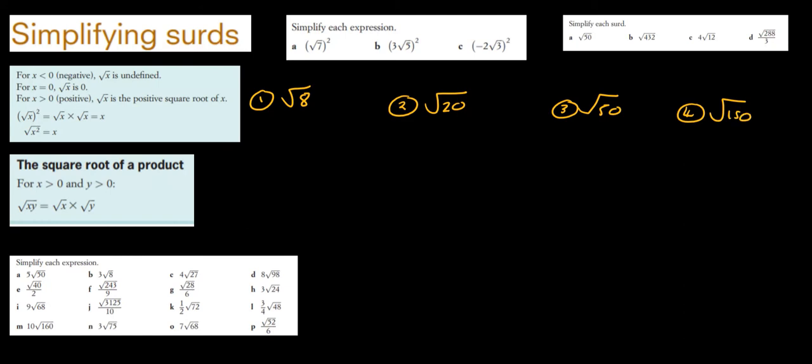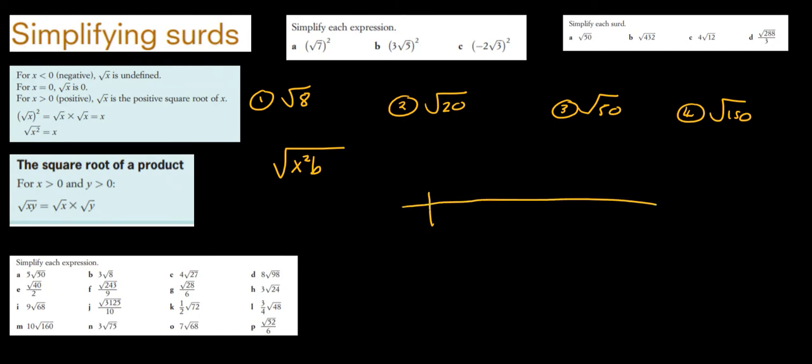Okay, so when we have these composite numbers, we need to rewrite these composite numbers in this form, where x squared is a square number.